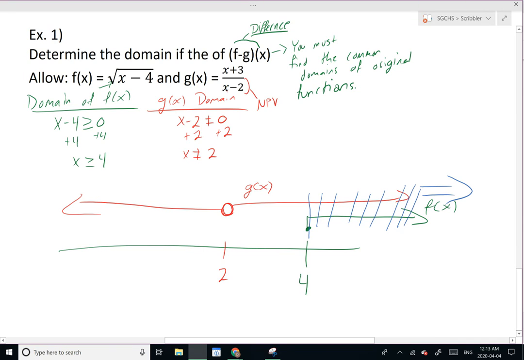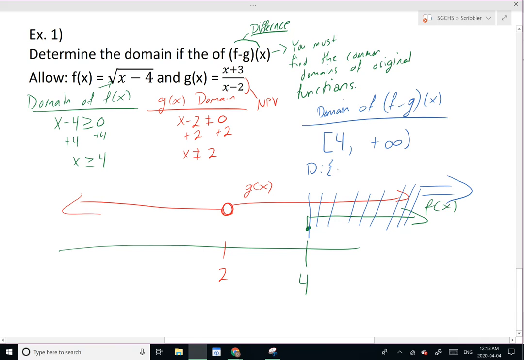So that means if we were to write the domain of f minus g, we would start at 4 and we can go to positive infinity, and I'm going to do an open bracket. So that's in interval notation. How does this look in set builder notation?